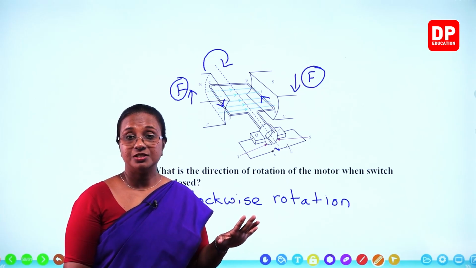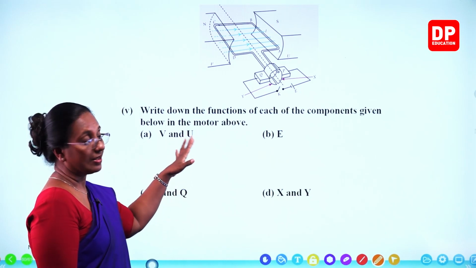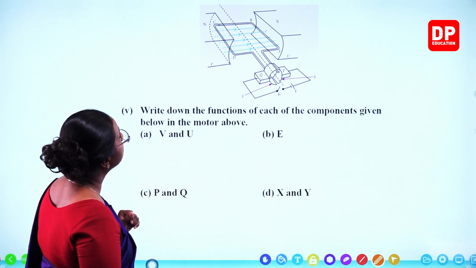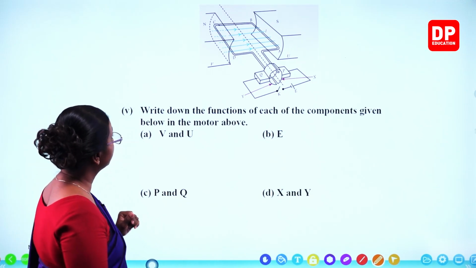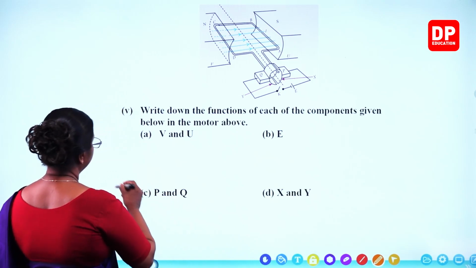Is that clear, student? So then, fifth part of the question, write down the functions of each of the components given below in the motor above. So the motor is given to you. I have explained the parts. You can see V and U. V and U are the magnetic poles. So you know the function. What is it? Provides the magnetic field.